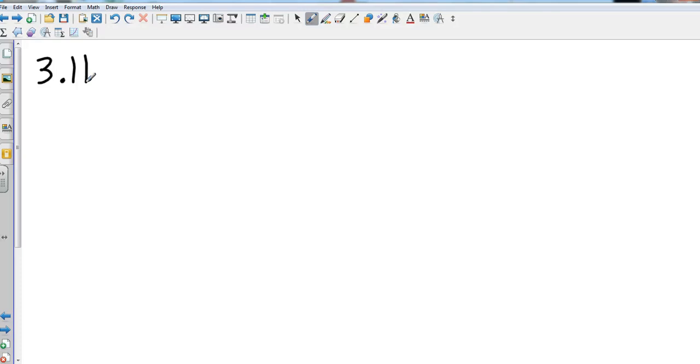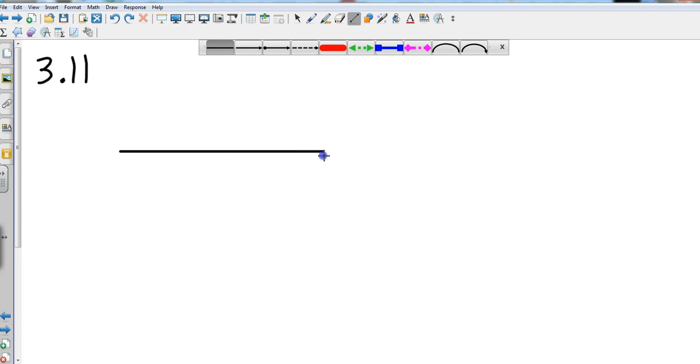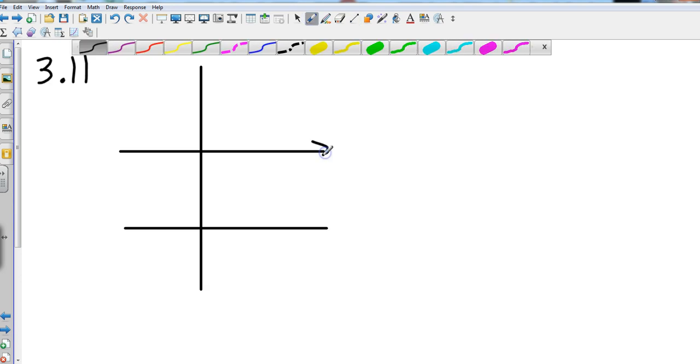And it says if you have a set of parallel lines and you have a transversal that is perpendicular to one of the lines, let's call this line A and line B. So if you have a transversal that is perpendicular to one of the parallel lines, then it is also perpendicular to the second parallel line.